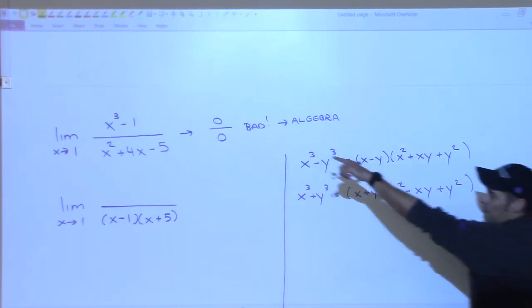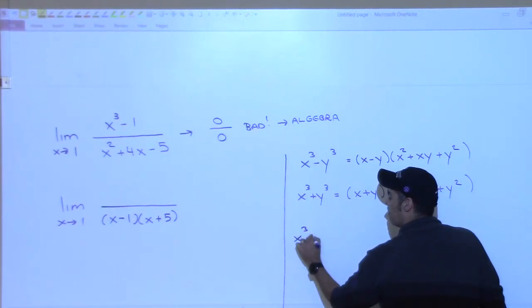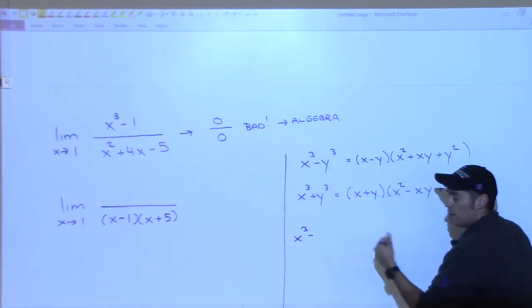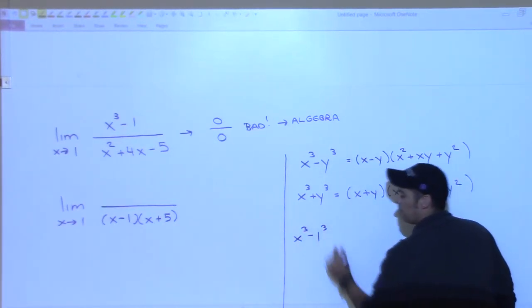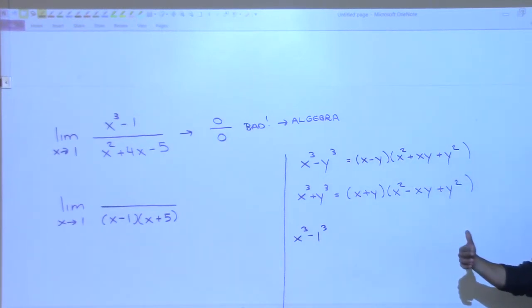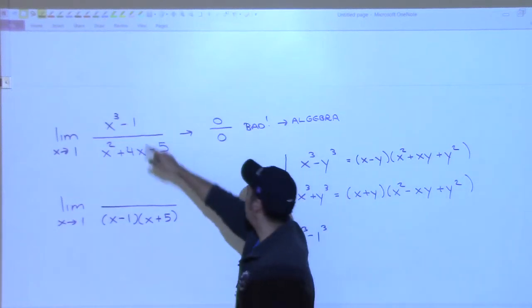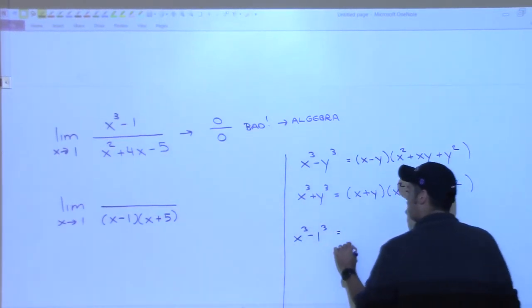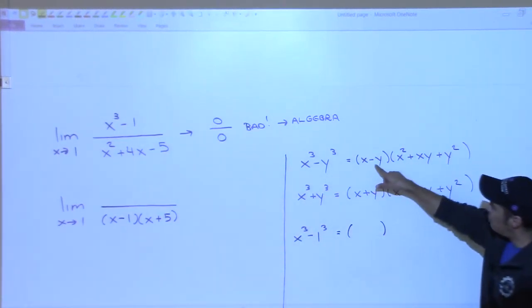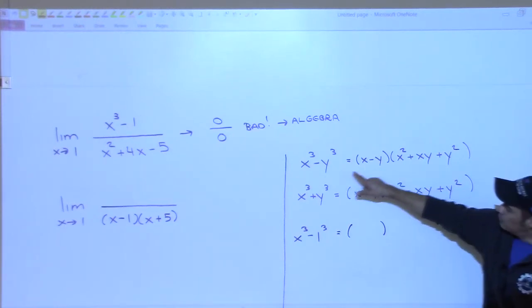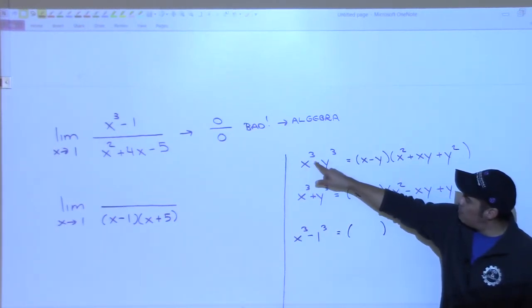So when we see up there x cubed minus 1, that 1 is really 1 cubed, isn't it? 1 is 1 cubed. And so this should factor how? According to the formula, it's this one right here. We have x cubed minus 1 cubed.